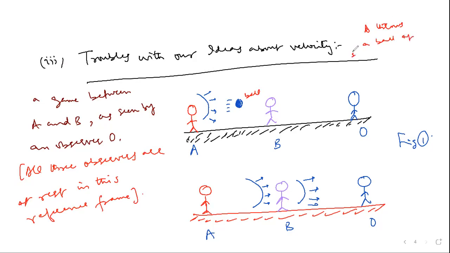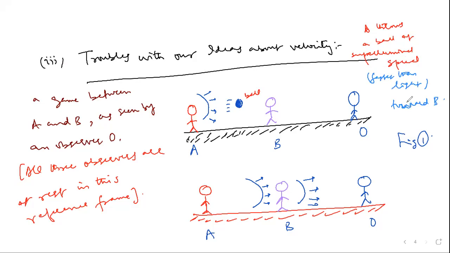Superluminal speed means faster than light, toward B. Right?